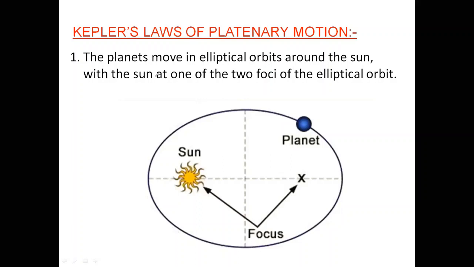We have 3 laws given by Kepler for planetary motion. The first law says that the planet moves in an elliptical orbit around the sun.